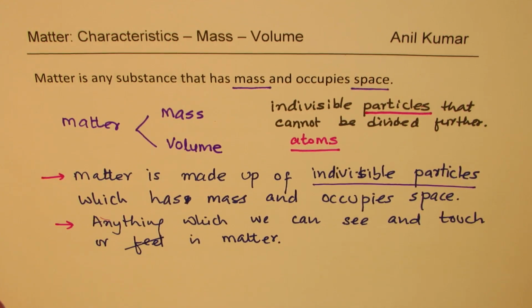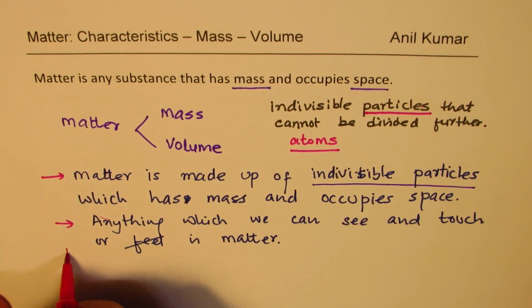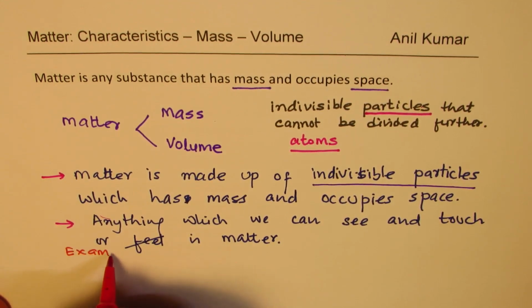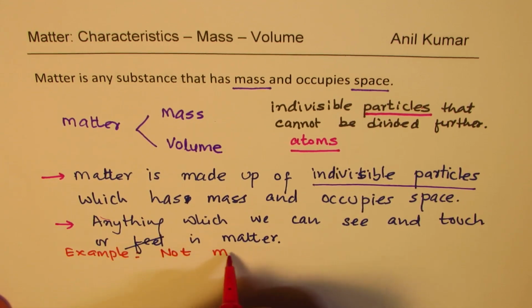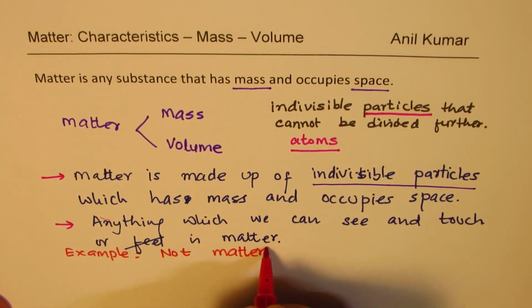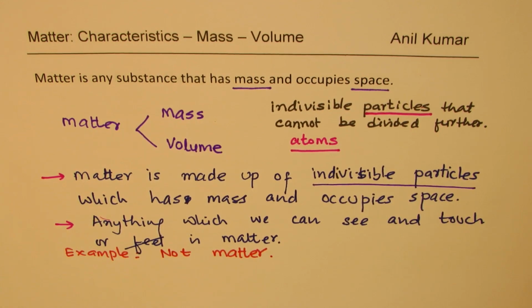So now our important question is, what is not matter? So let's give an example of not matter. Right? So what is the example of not matter? The example of not matter is energy.